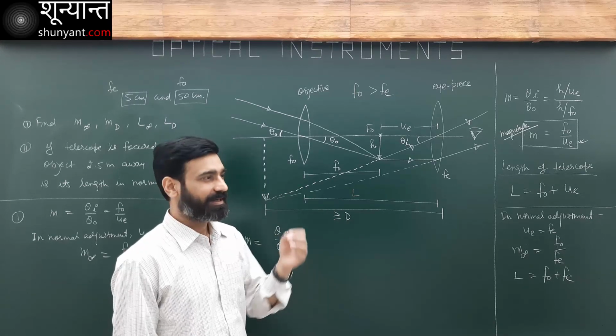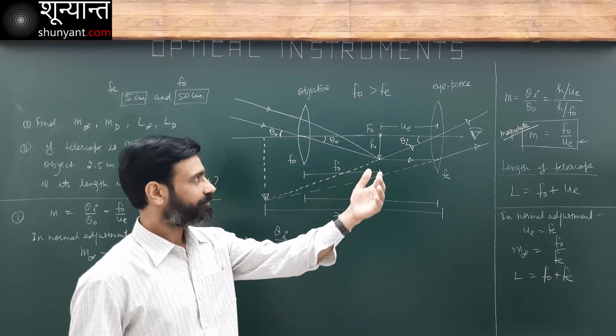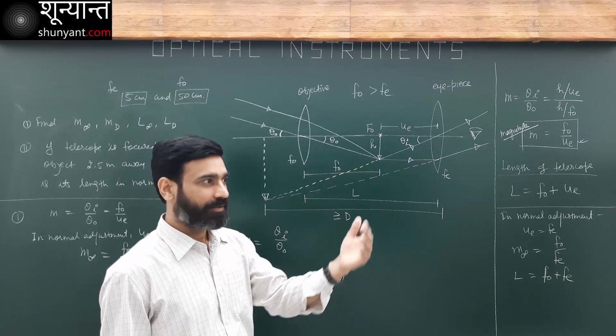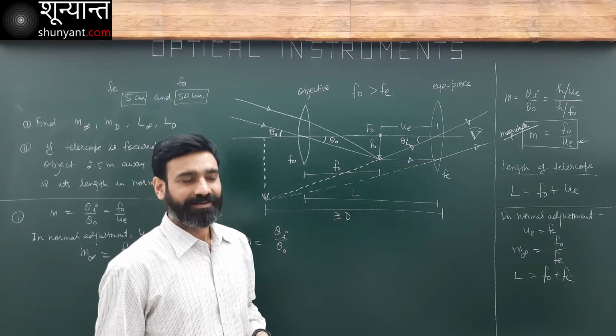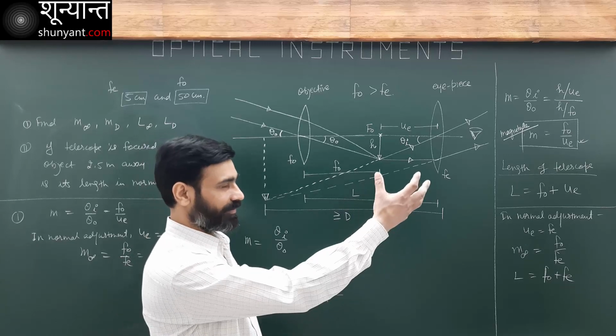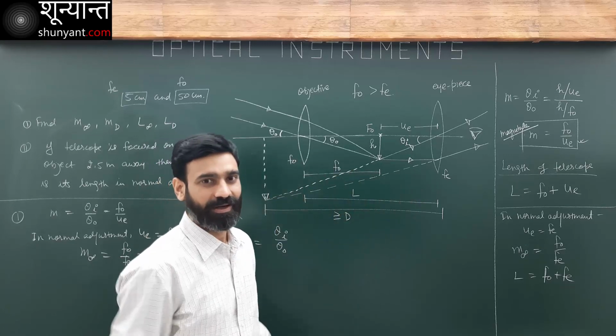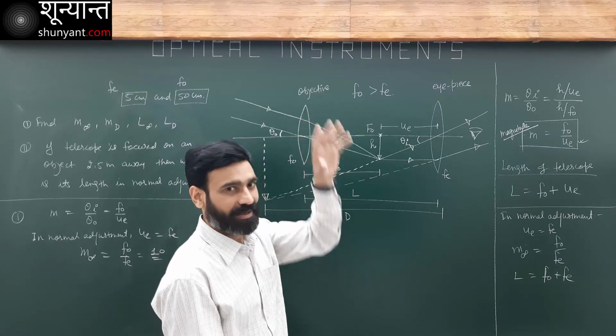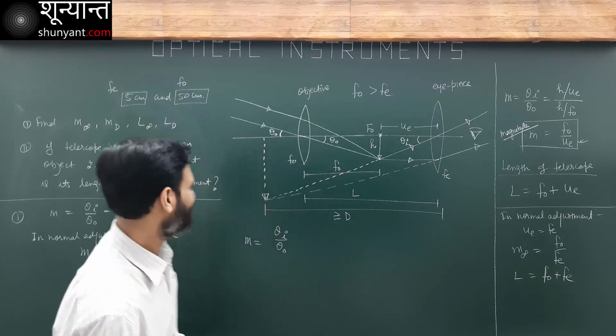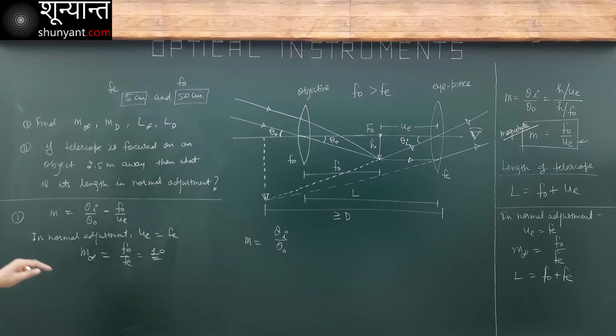You will see that when you look at any object through the telescope, the object appears nearer, as if it is brought near your eyes. And that's how it appears magnified.